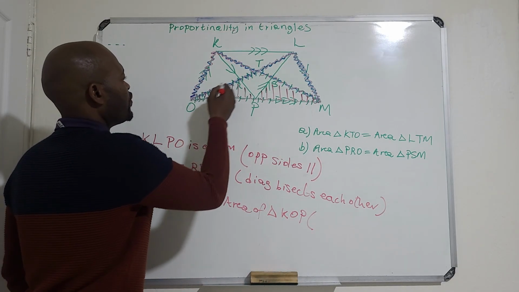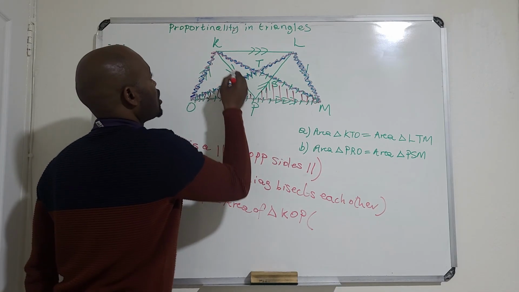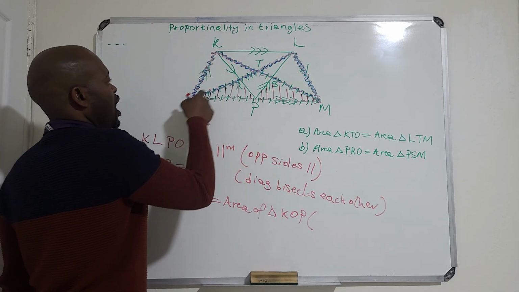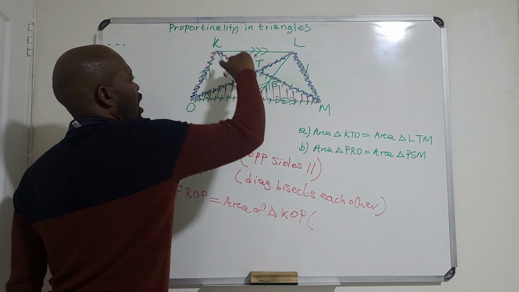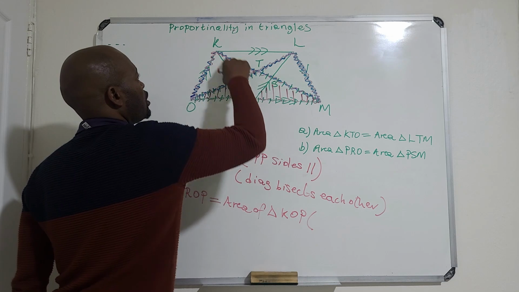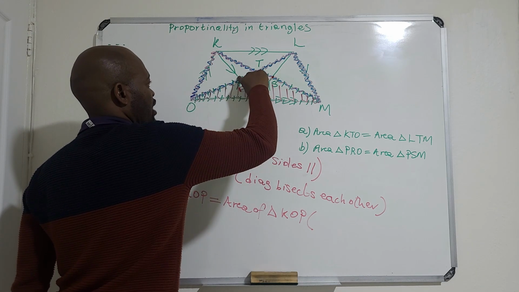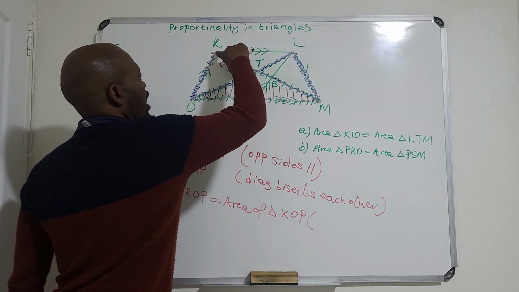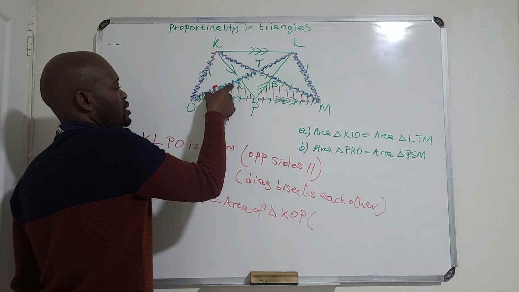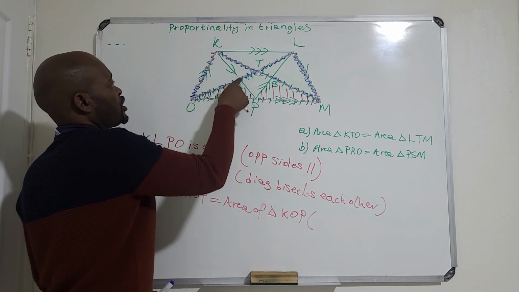Why? The area of this triangle is equal to the area of this triangle, because they've got the same height and equal bases. The base of this triangle is that. The base of this triangle is that. Therefore, equal bases, same height. That is why this triangle is equal to this triangle there.